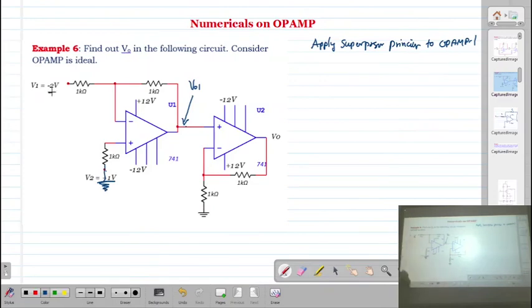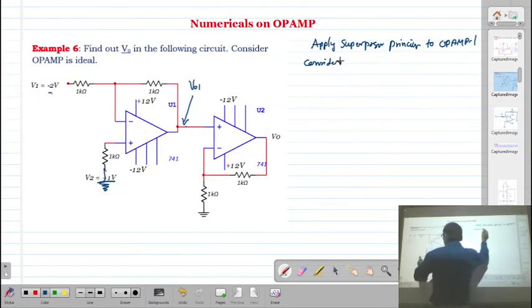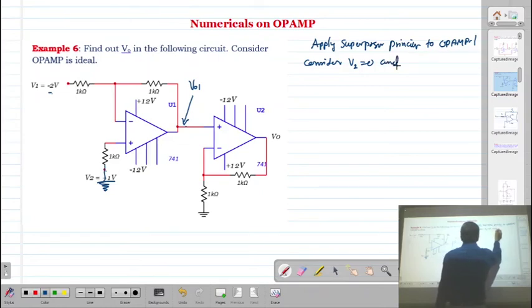And here my input voltage is there. Now this input voltage is given to an inverting terminal, and the non-inverting terminal is connected to the ground. So it is an inverting amplifier. So first of all, consider V2 is equal to 0 and V1 is active. Correct?